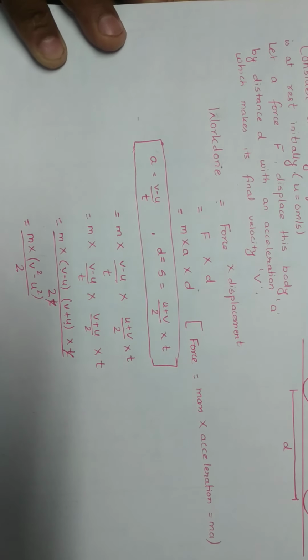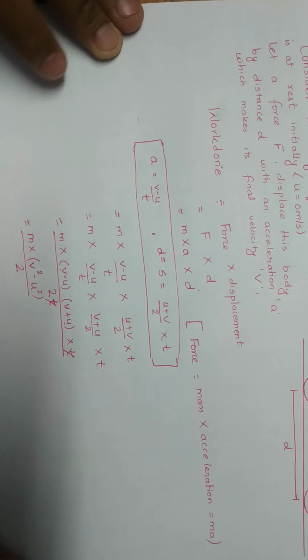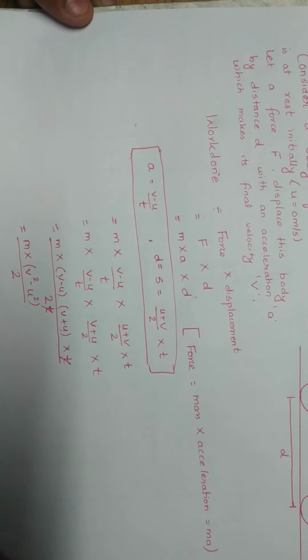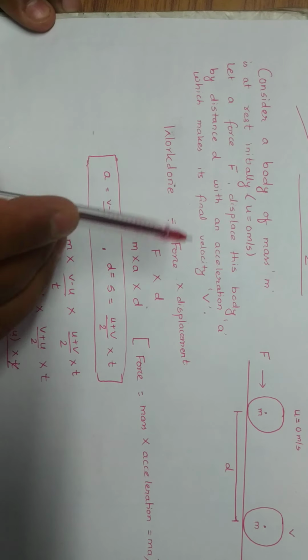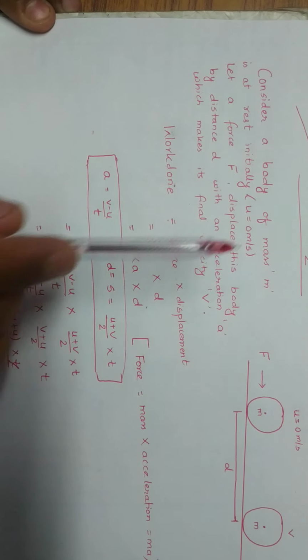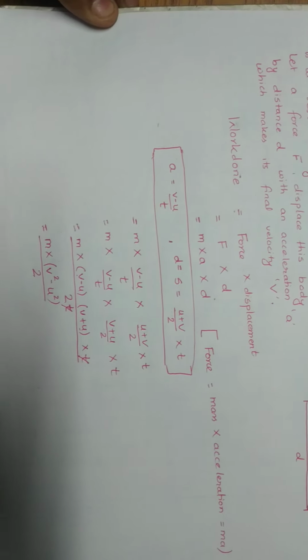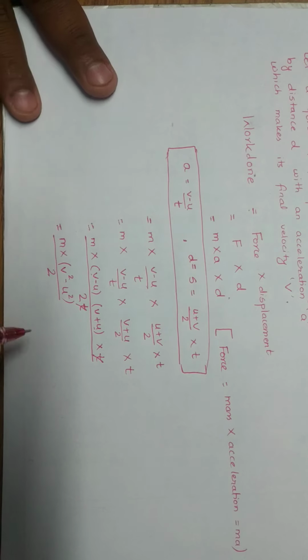This is the equation we get. Now I told you we will be using the value of u. Look at this here, u is equal to 0 meters per second. So we'll be using this value here now, and we'll get our final value.